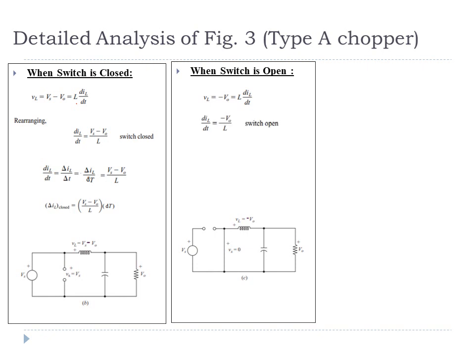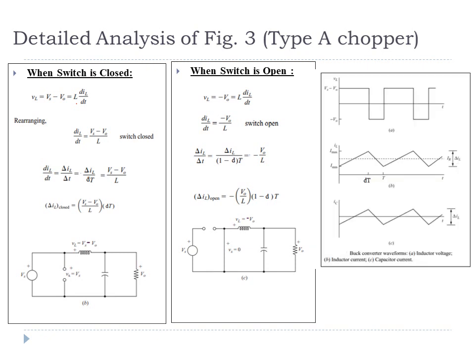To find dIL upon dt, we know that dt is equal to delta t, and this is the time for which the switch is off. The off time can be written in terms of duty cycle as 1 minus d into t. So equating these two, I can find delta IL open equal to minus V naught upon L into 1 minus d into t.